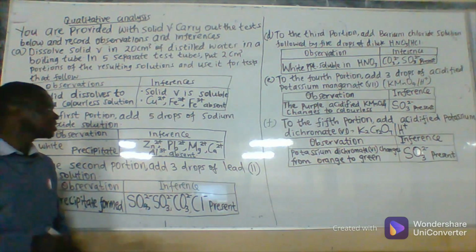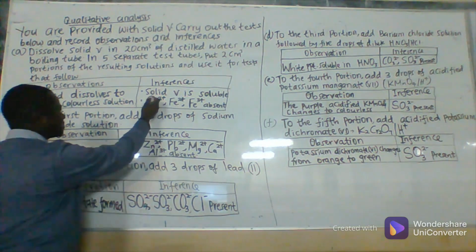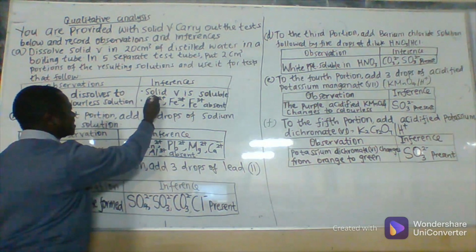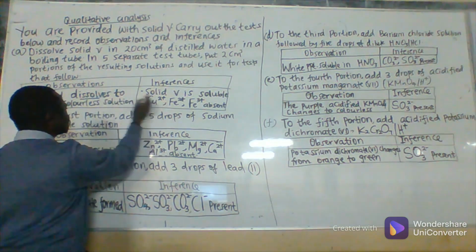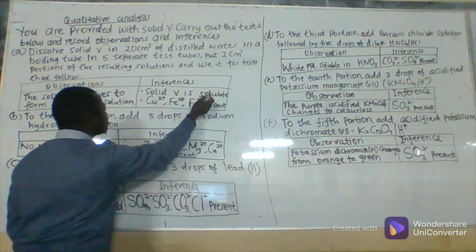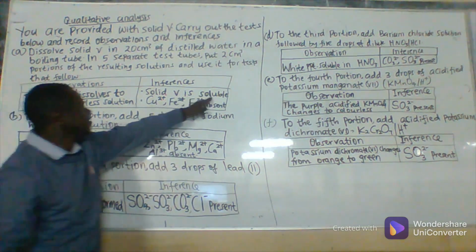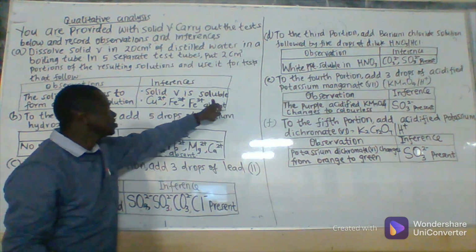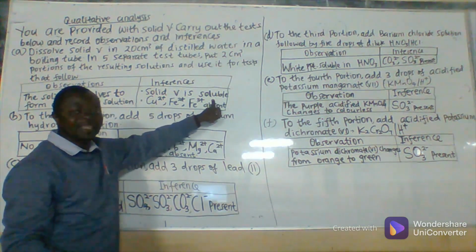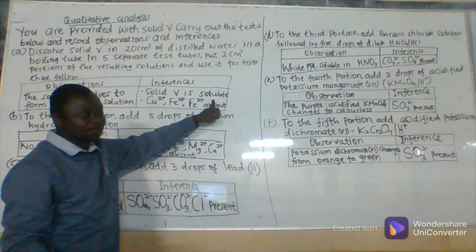That means the solid is soluble. So the inference that matches this observation is that because it dissolves, solid V is soluble. Remember, soluble is always an inference, not an observation.